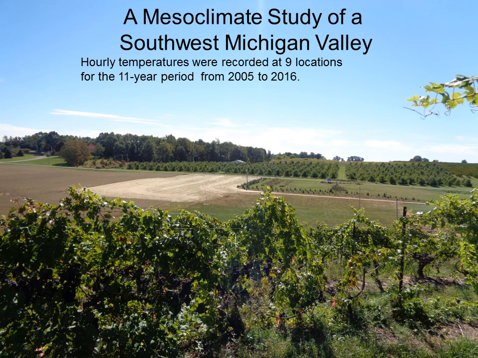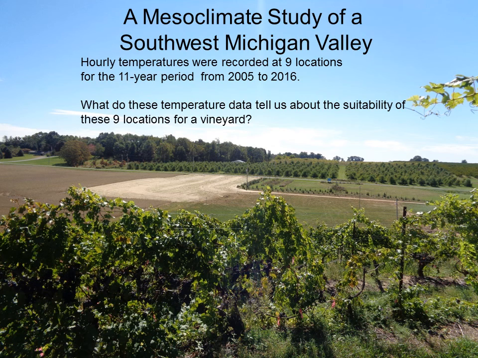So what did we do? We took hourly temperatures, and they were recorded at the 9 locations we just showed you for the 11-year period from 2005 to 2016. Collectively, we gathered over 1 million hourly temperature data points.